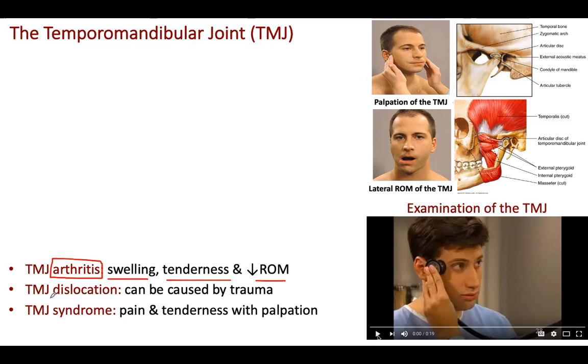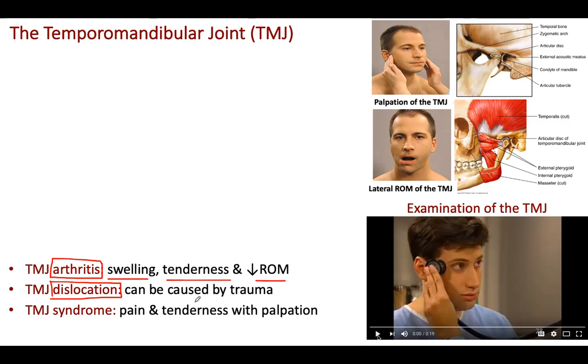Also look for TMJ dislocation. And some people have kind of habitual TMJ dislocation, even with yawning they can dislocate their TMJ, and because it's habitual, they themselves can return it back, or sometimes when they cannot return it back, they might come to you asking for reduction of this dislocation.